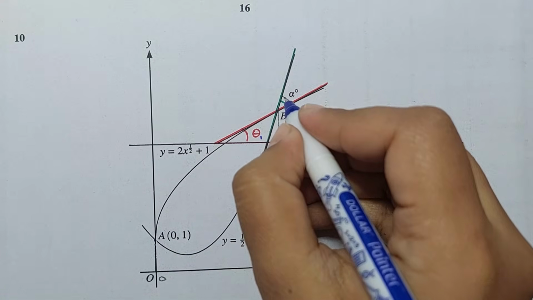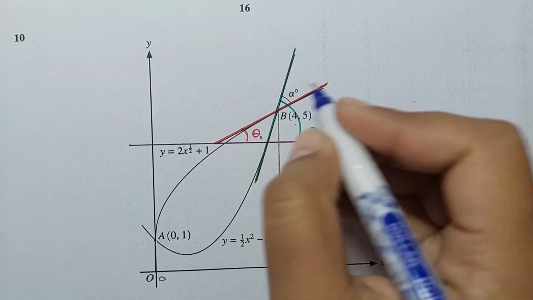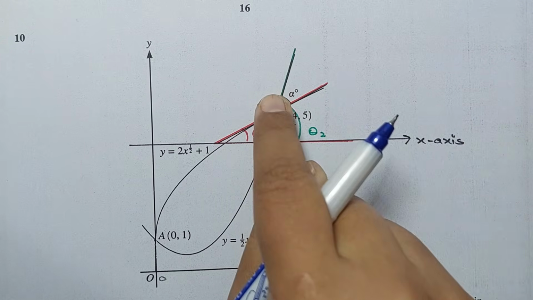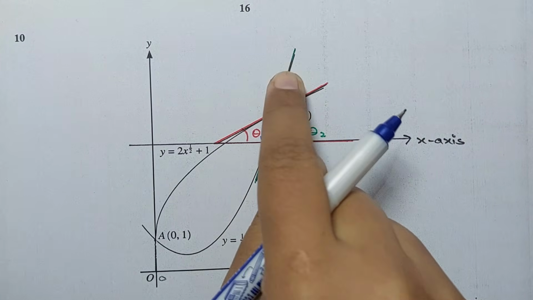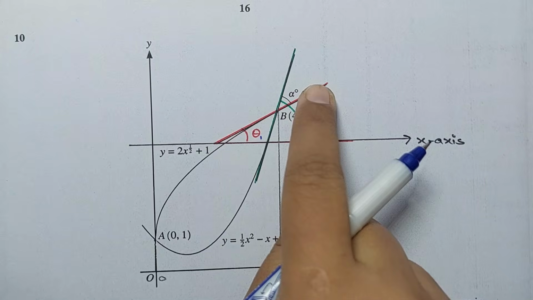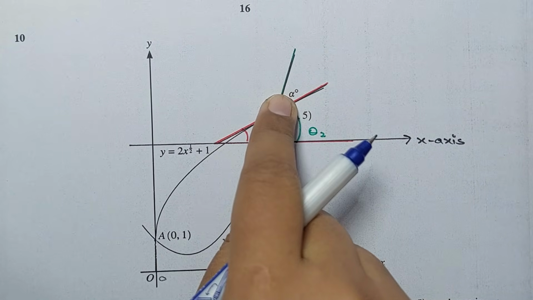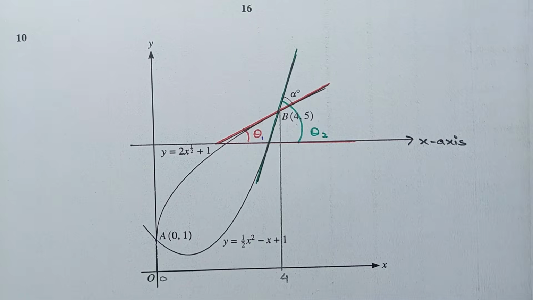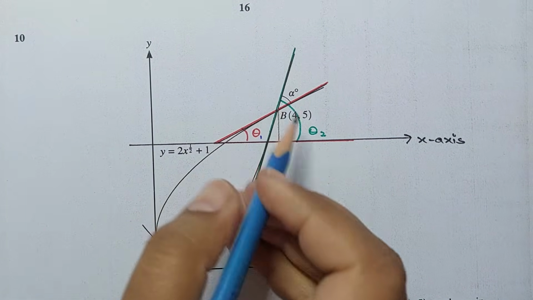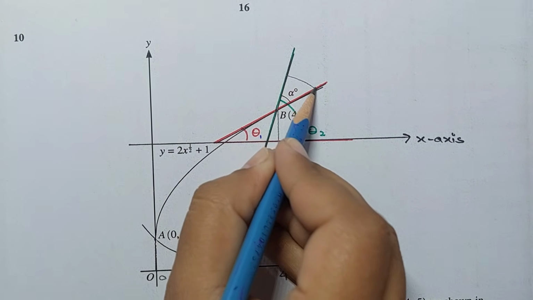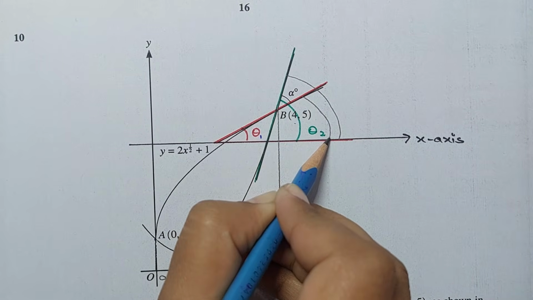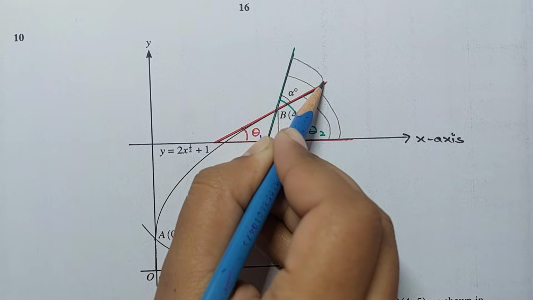If you guys can see, here is alpha. This whole angle is theta 2, right? If from this whole angle you subtract this thing, you will get alpha. Or let me explain one more time: we have this whole thing and we have this thing as well, but we need to solve for this angle.